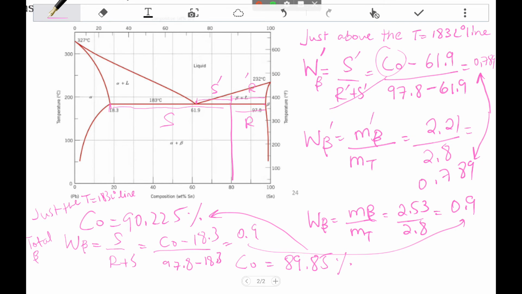So since these two values of C0 are equal for each one, this alloy with this composition of beta primary and beta total is possible. And that's the end for this question. See you later.